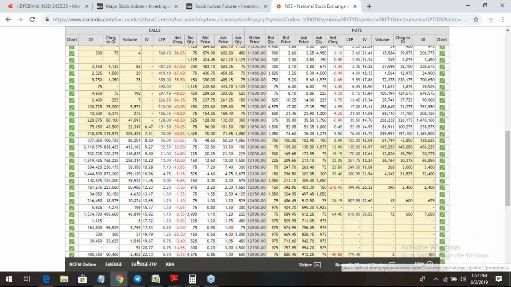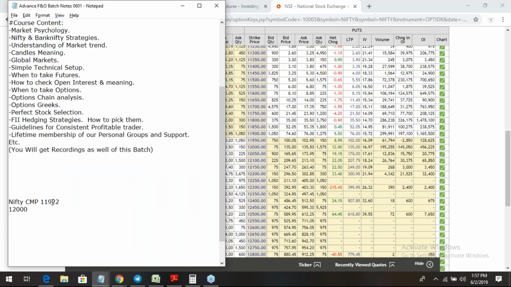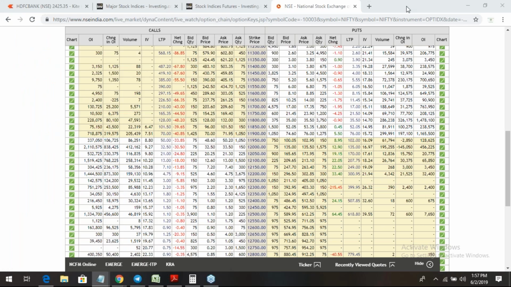So the current market price is 11,922 and you know that market will go towards 12,000. So which call will you buy? If you want to buy options, which option should you buy?